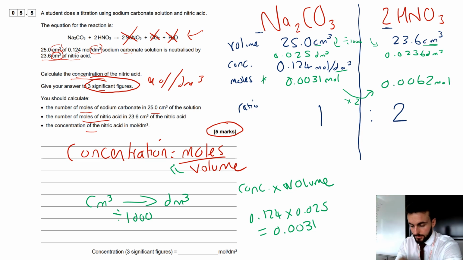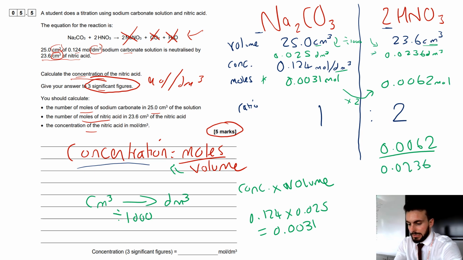And then we've got our moles, we've got our volume, so we're going to work out the concentration. All we need to do that is what we said before: concentration is moles divided by volume. So I'm going to do 0.0062 divided by the volume, which I worked out before, 0.0236. And the answer I get for that, it's not in 3 significant figures to start, is it? 0.2627 whatever.